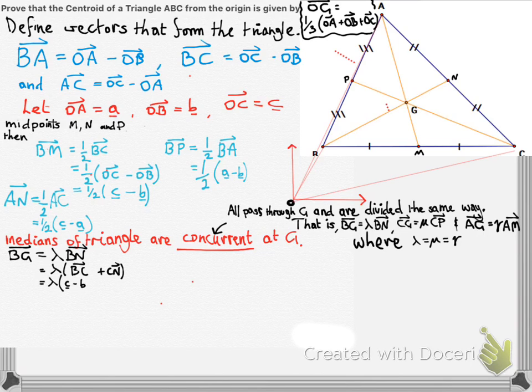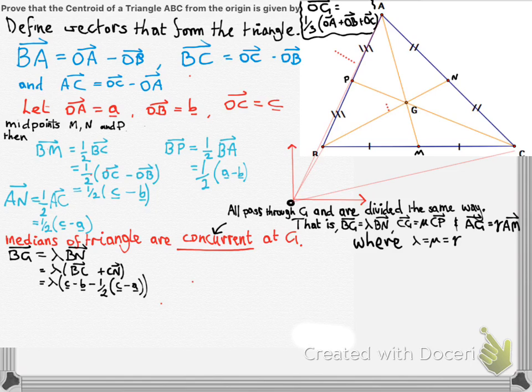Now we're going to express B to N. That's this median of the triangle B to N. We're going to express that another way. So it's the same as going from B to C and then from C to N. And B to C we have an expression for, and C to N, well, C to N is just half of C to A, and C to A we have an expression for.